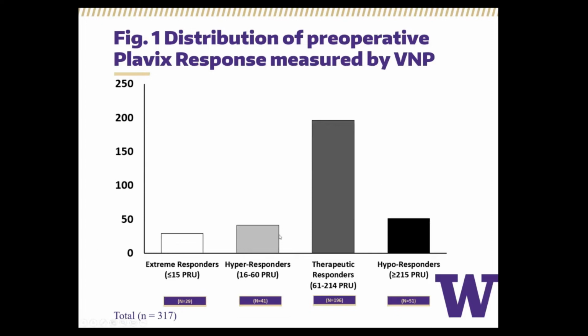We didn't find any statistically significant difference in any of these PRU groups. We didn't find any significant difference in lab values or in procedural data. So everyone got relatively the same mix of procedures, whether it be a flow diverting stent, stent-assisted coiling, etc.